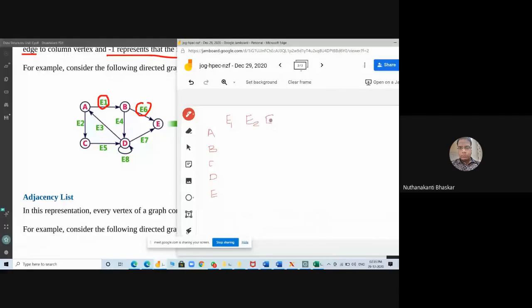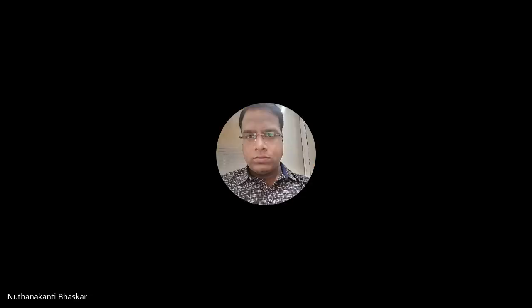E1, E2, E3, E4, E5, E6, E7, E8. Now the size of the matrix is 5 by 8.